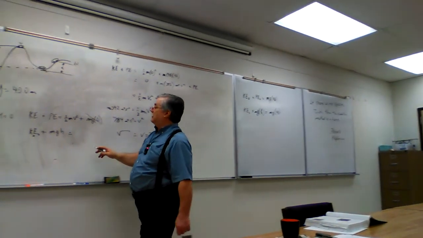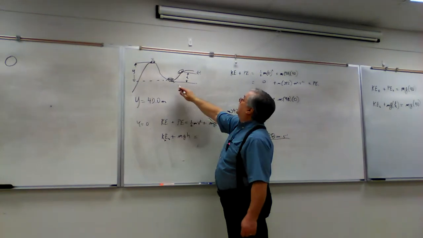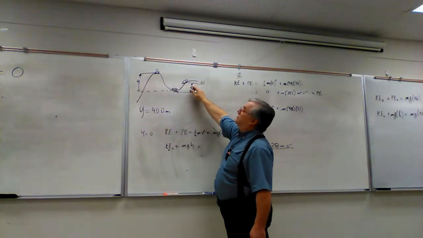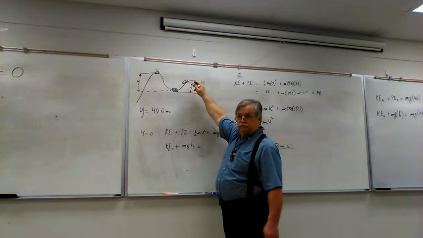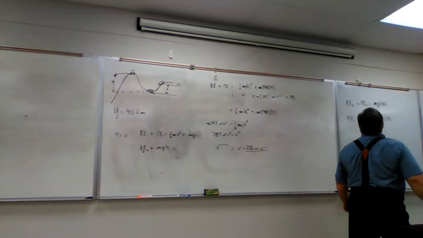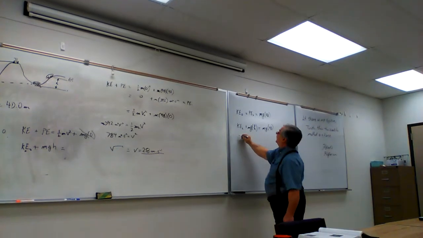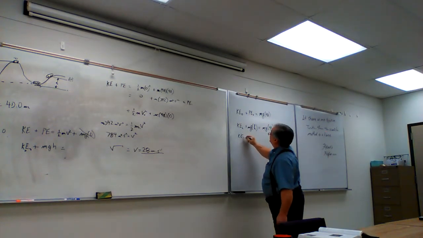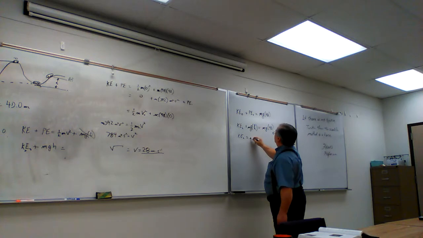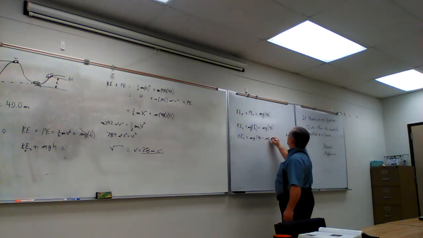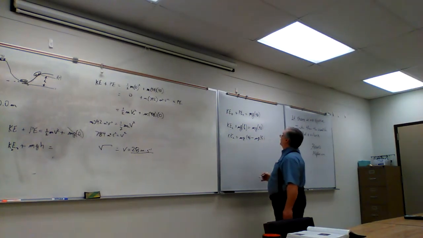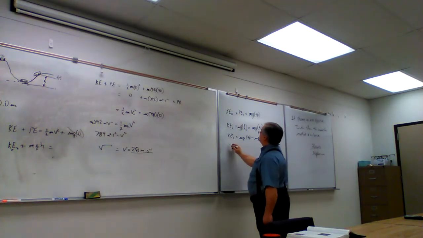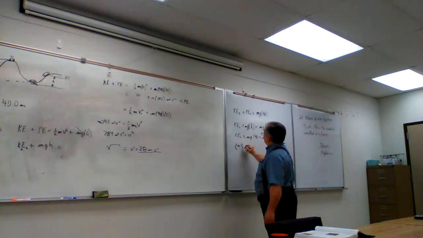It was right here when I said this kinetic energy. Anyway, at this point what you do is you solve by finding the kinetic energy at h is equal to mass times gravity at 40 meters minus mass times gravity at h. And that's equal to 1 half m the velocity at h squared.